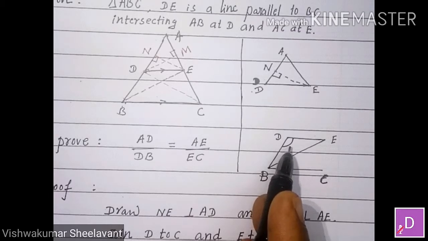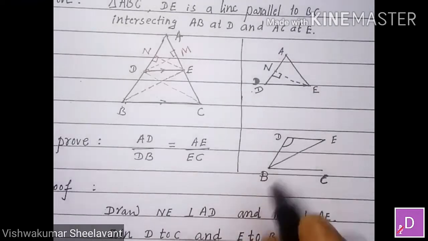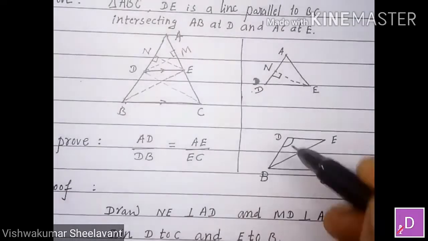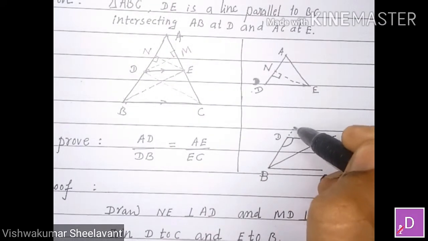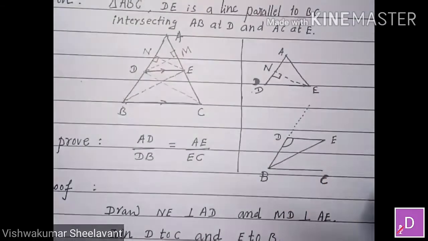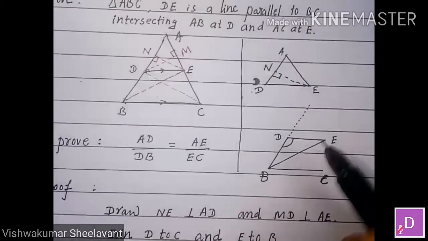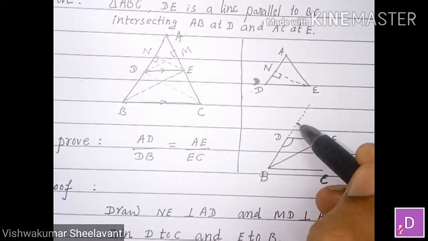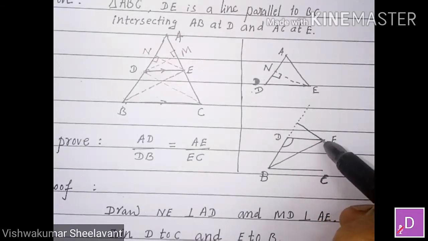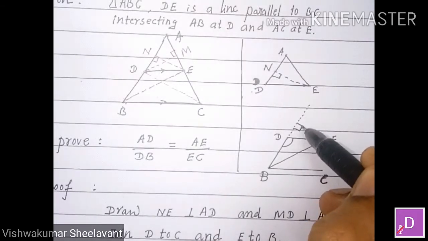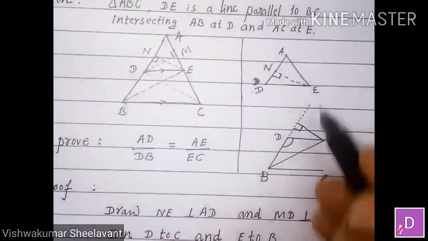If angle is obtuse, then altitude of the triangle will be outside the triangle. You have to extend it. So its altitude will be here now, like this.